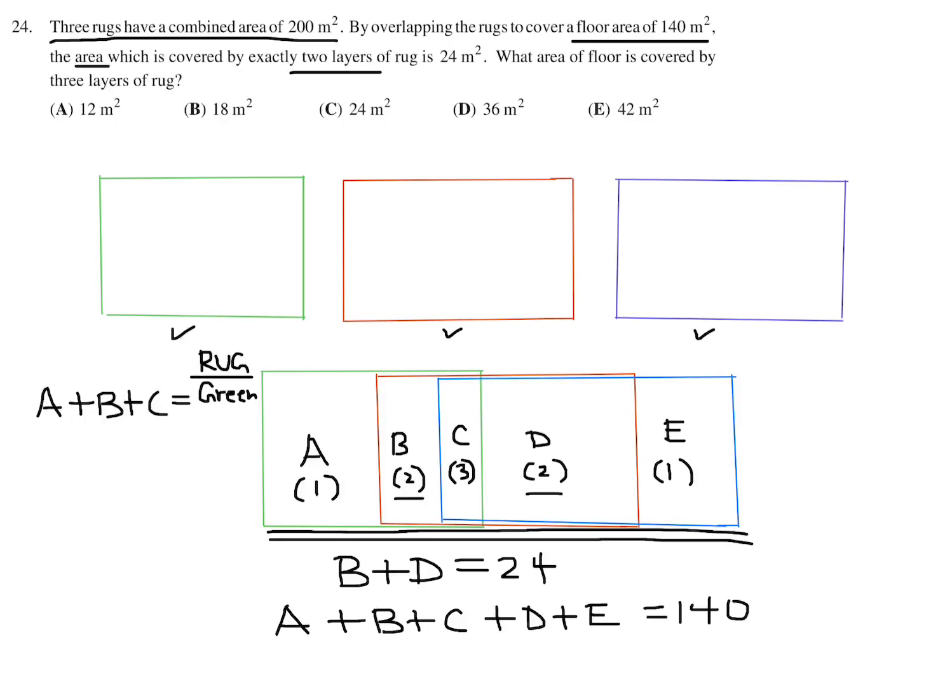Okay, now let's look at it and see which letters represent the red rug. So the red rug is this one right here, like that. And those letters are B plus C plus D, which is the red rug. And finally, whatever color this is, I believe it's blue, what letters represent the blue rug? And that's C, D, and E.